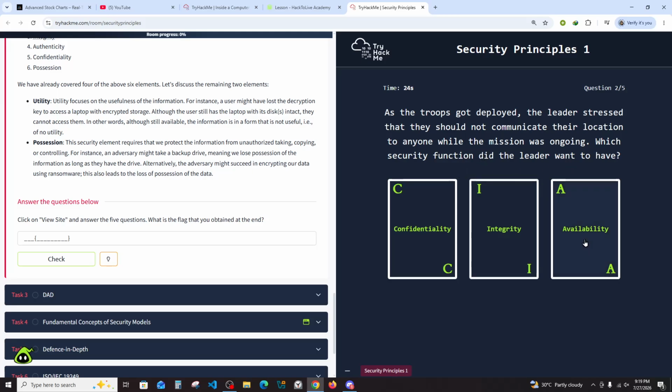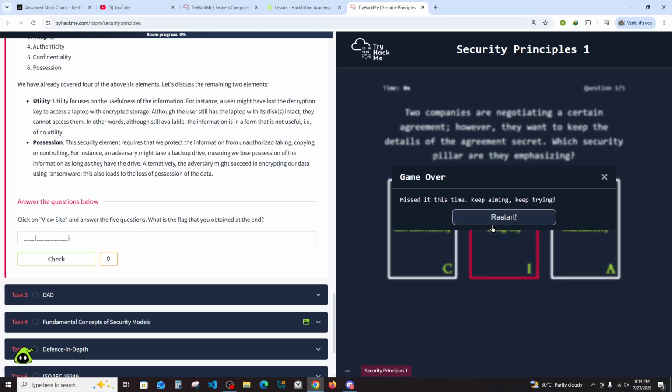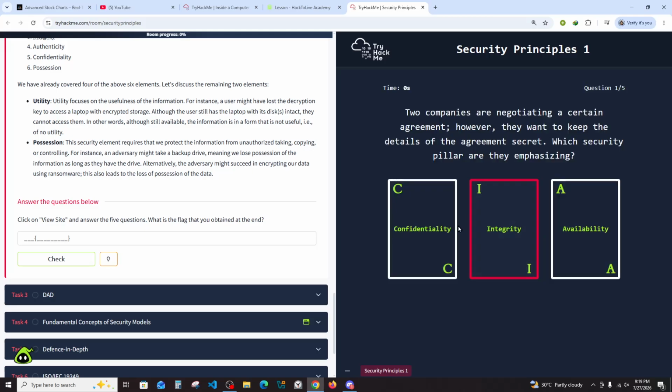Which security principle? Availability? Integrity? Keep aiming, keep trying.